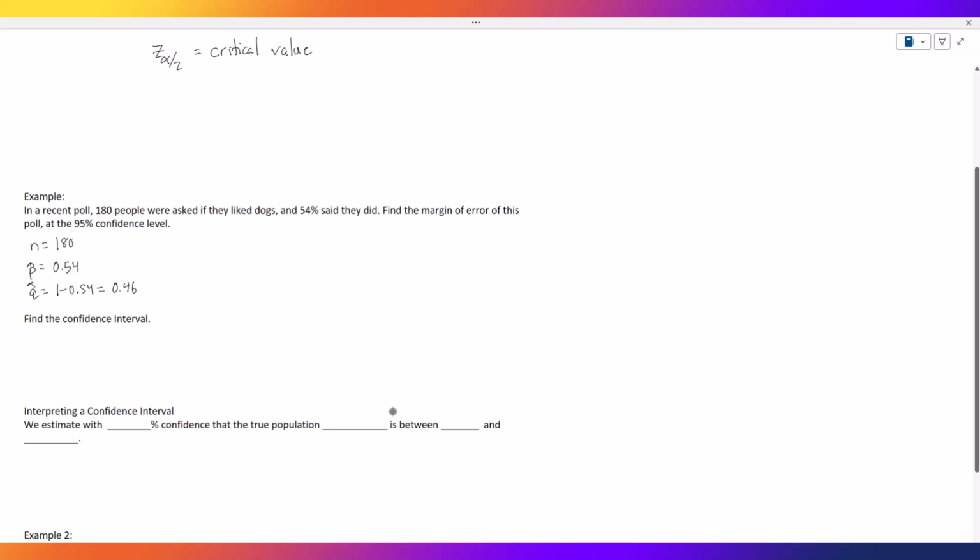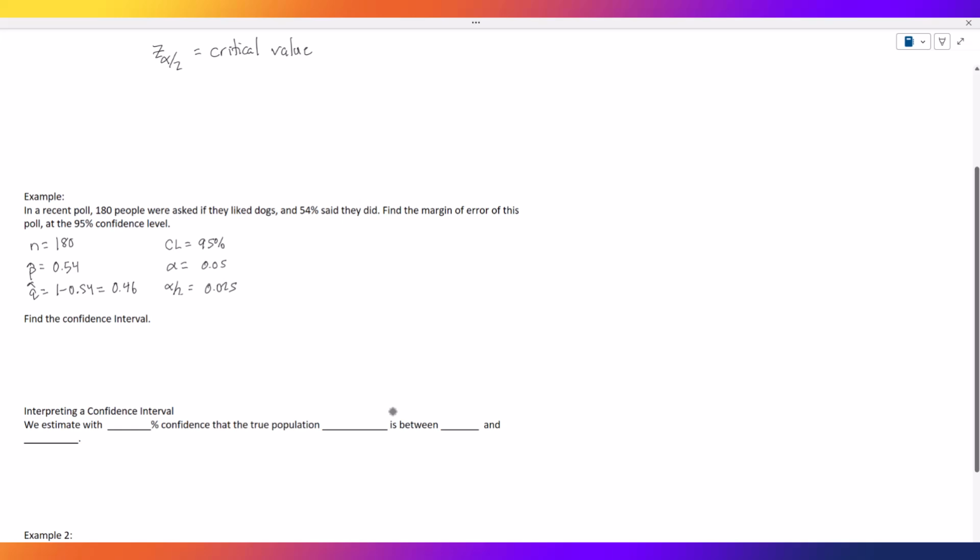And then we also know our confidence level is 95%, which means our alpha is 0.05 and our alpha over 2 is 0.025.